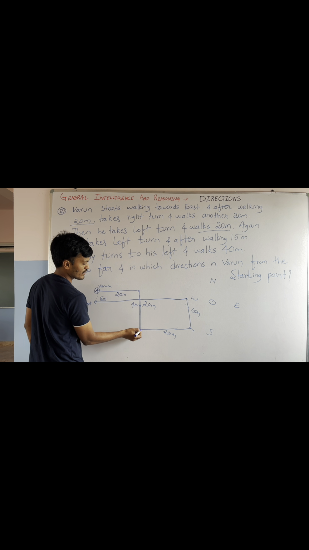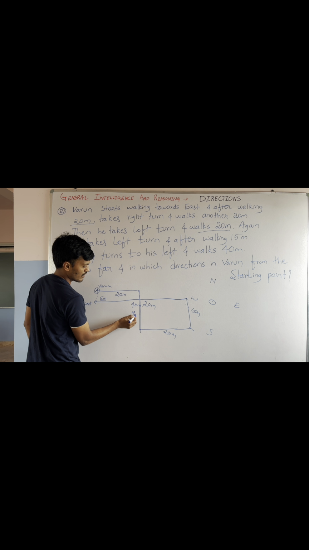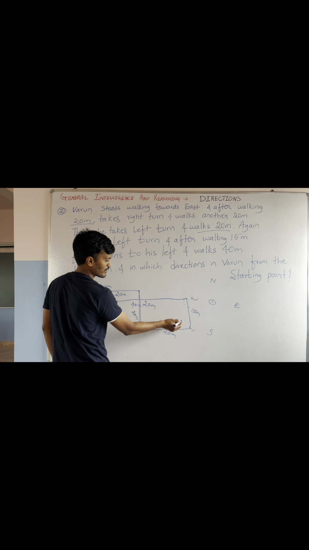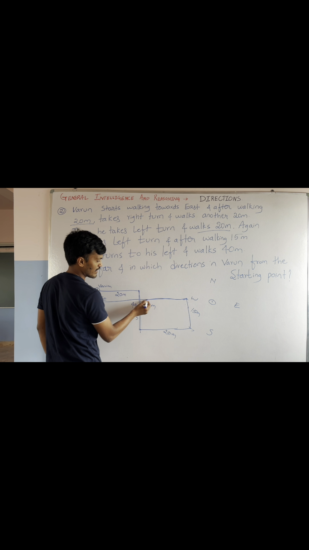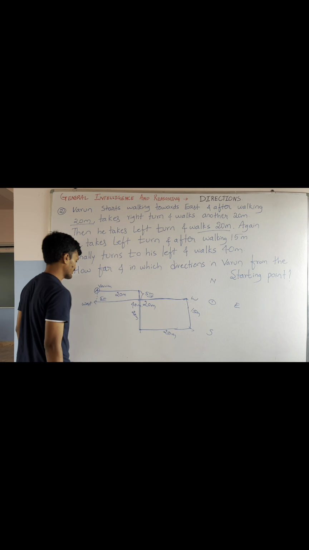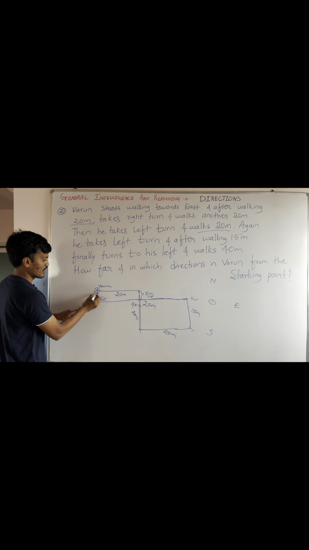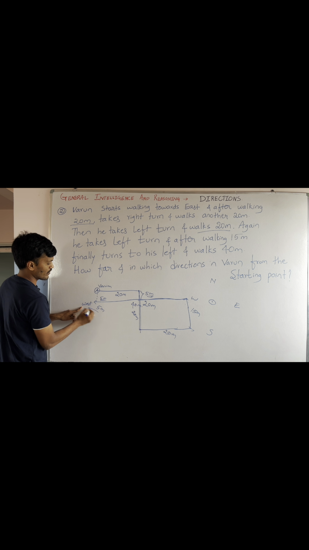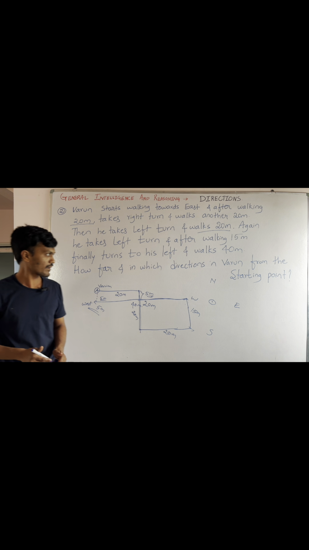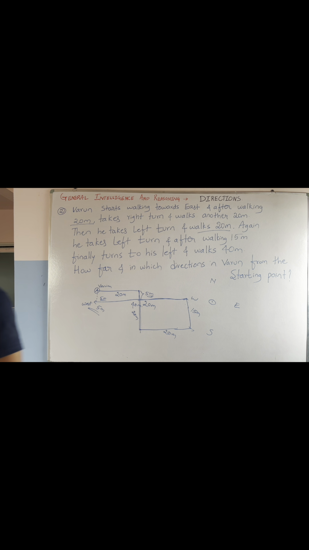From here to here there is 20 meter. Of the 20 meter, 15 meter is less, so the remaining is 5 meter. So Varun is in the west direction from the starting point, 5 meter. Okay.